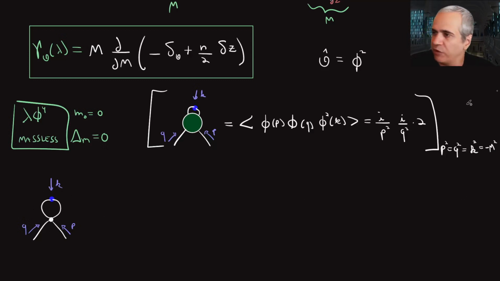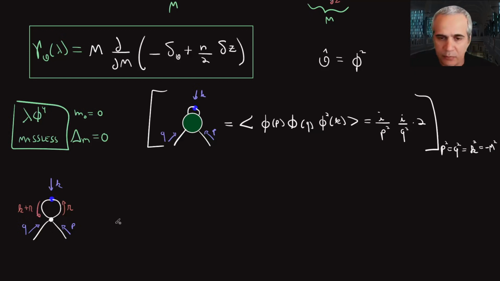I have to give some name to the loop momentum going in, right? I'll call that one R, right? This is my integration variable. And that means on the left side here, I have R plus K. And that deals with momentum conservation completely, right?